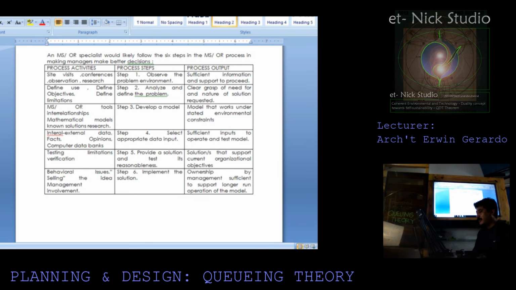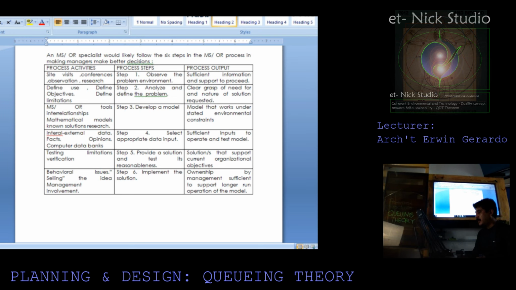Under the process activities, site visit, conference, observation, research, these are actually the processes being conducted when formulating the research. So for the process steps, step 1, you need to observe the problem environment.